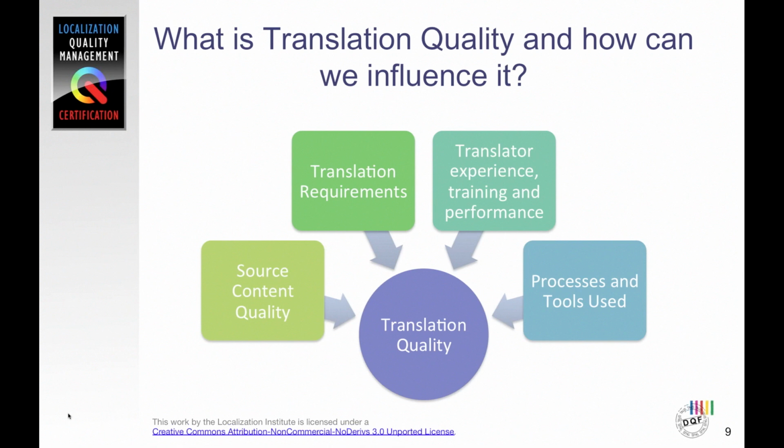It's the monitoring of translators and providing them feedback, and in particular the training of translators. And then finally, the processes we use, the type of workflows, how many control steps are there in the workflows, and the quality evaluation tools itself have a big impact on the translation quality.